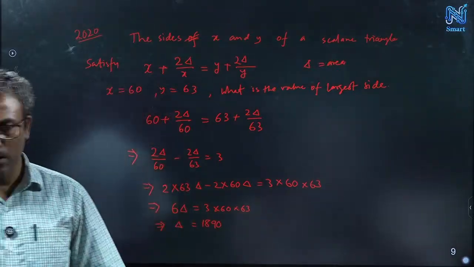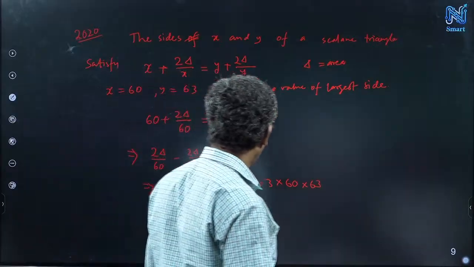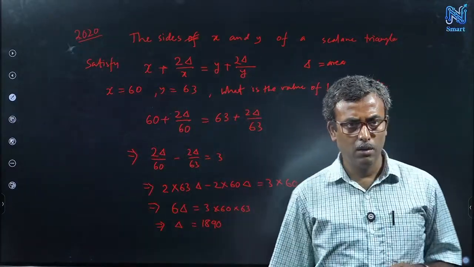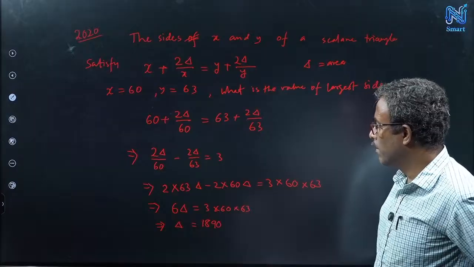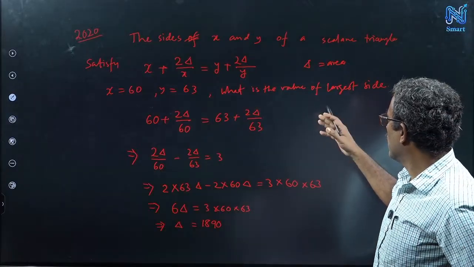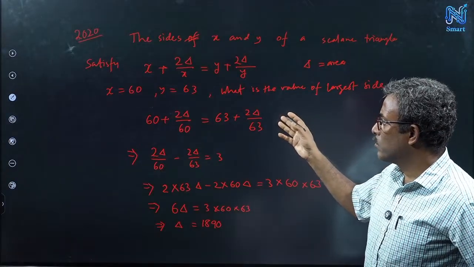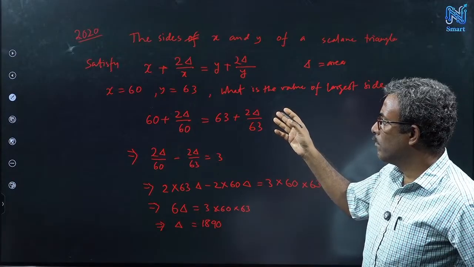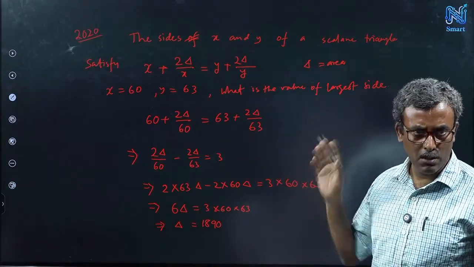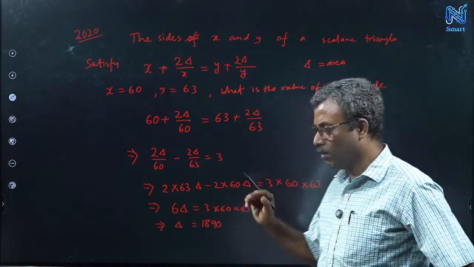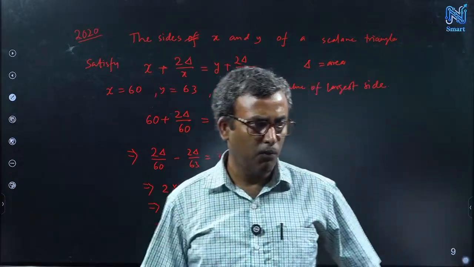Okay, 1890. Then how do you find the third one, the value of the largest side? So one side is 60, one side is 63, and the area is 1890. Can you find the third one?